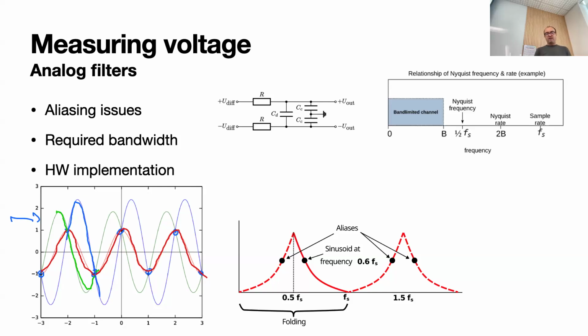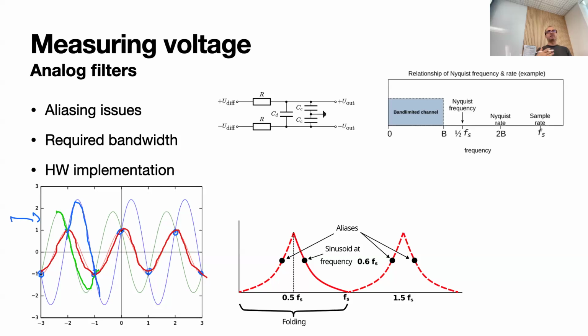And that is why there is a formal theorem. It's called the Shannon-Nyquist sampling theorem, which says you have to sample with twice the frequency of the highest frequency that you would like to see.